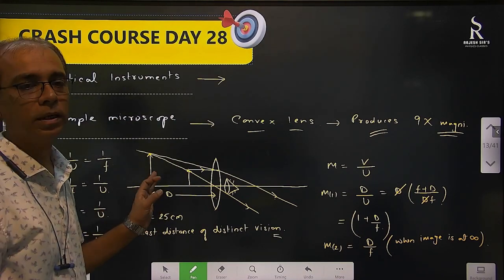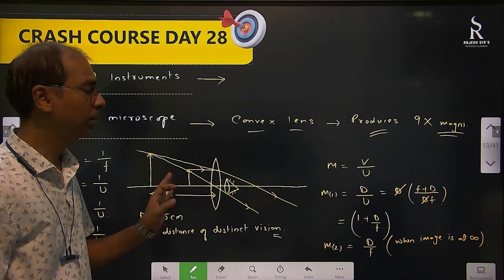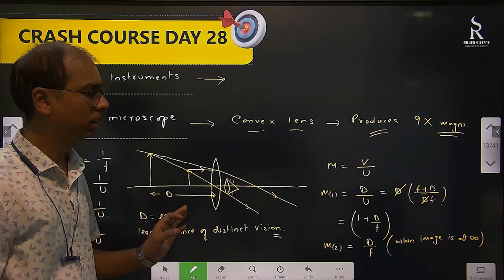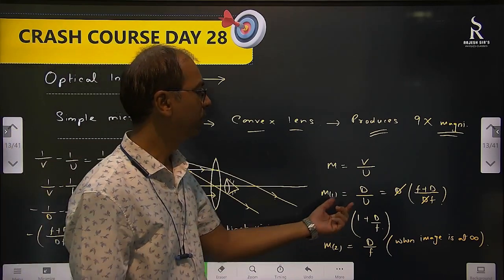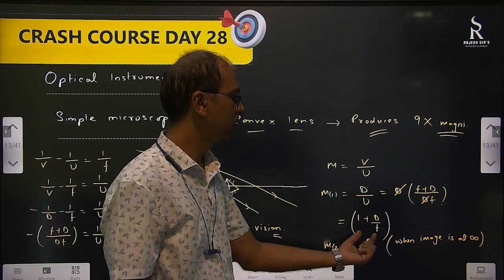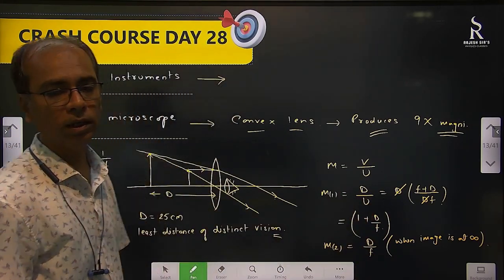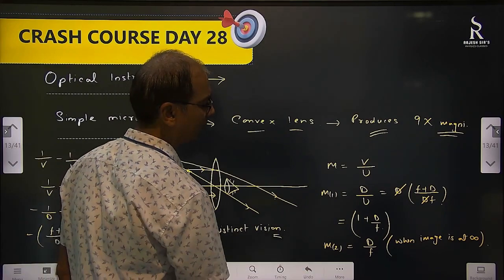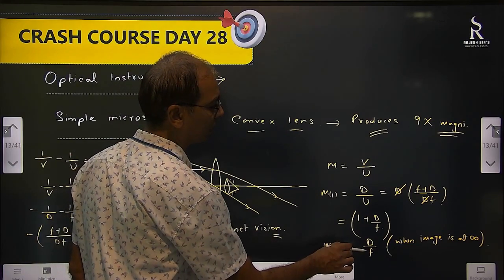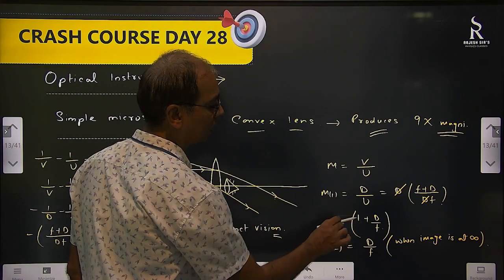Otherwise, the method is angular magnification, beta by alpha. I am not going into beta by alpha, I am just telling you in a simple way. So 1 plus D by F we got, and when it is at infinity, we are getting the magnification as D by F alone. So what is the difference in magnification when the image is forming at infinity and at D? A difference of 1.